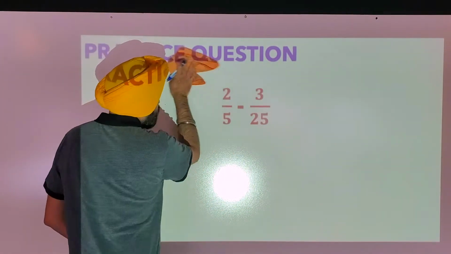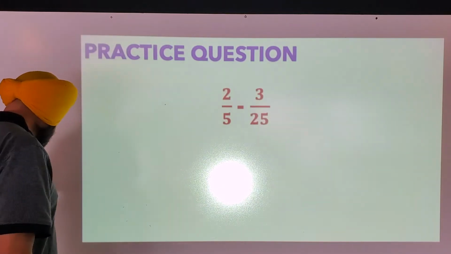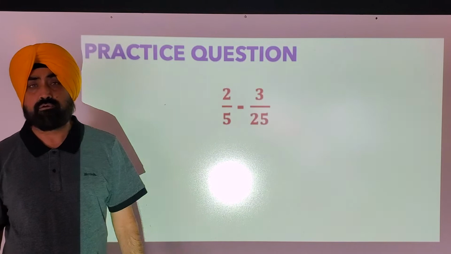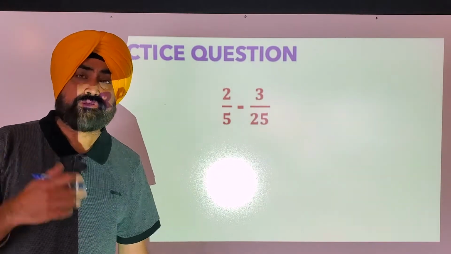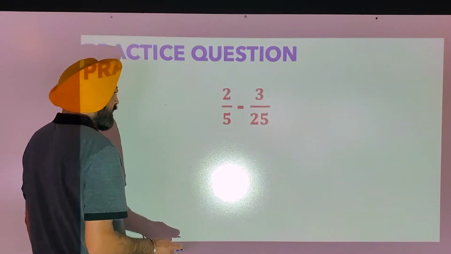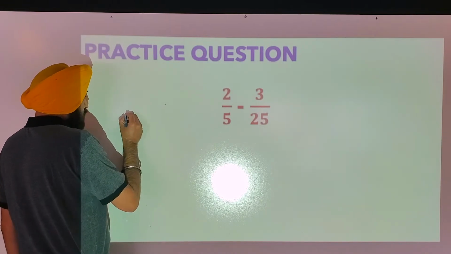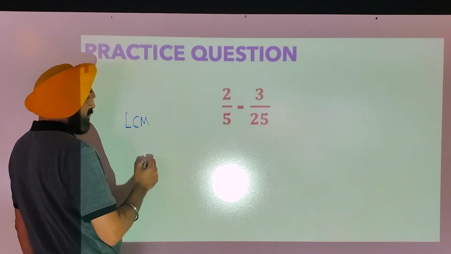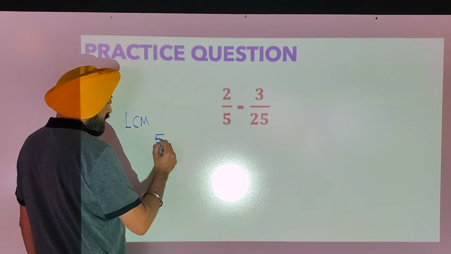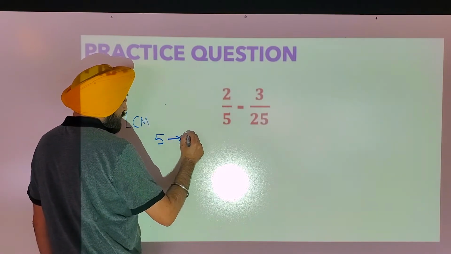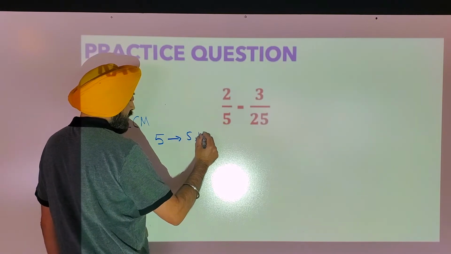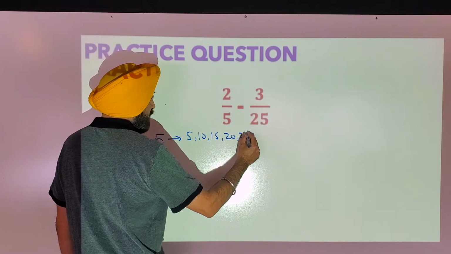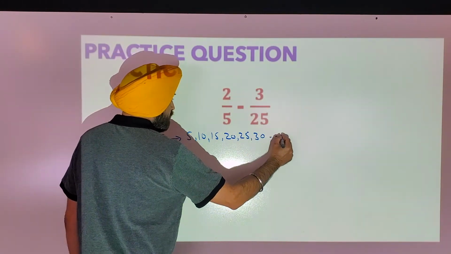Let's do some practice questions. For example, 2 over 5 minus 3 over 25. The denominators are not same, one is 5, one is 25. So we find the lowest common multiple. Multiples of 5 are 5, 10, 15, 20, 25, 30, and so on.